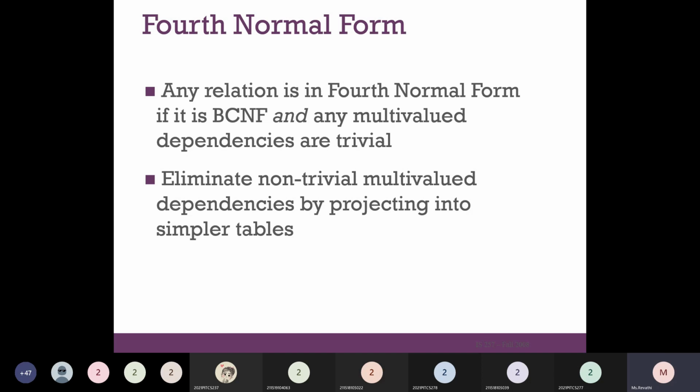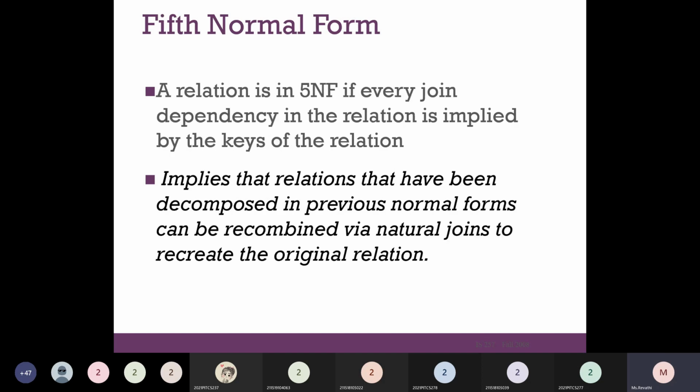If a relation is in BCNF and there exists no multi-value dependency, we can say that the relation is in fourth normal form. To bring your relation into fourth normal form, you have to eliminate the non-trivial multi-value dependency by projecting into simpler tables, that is, by decomposing it into simpler tables.